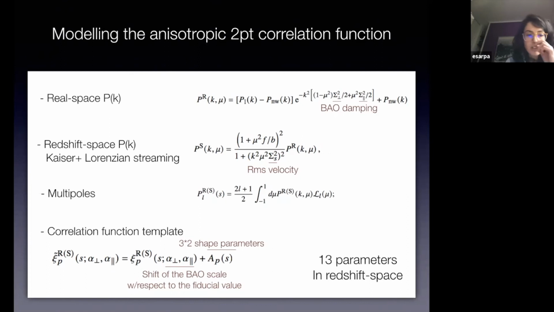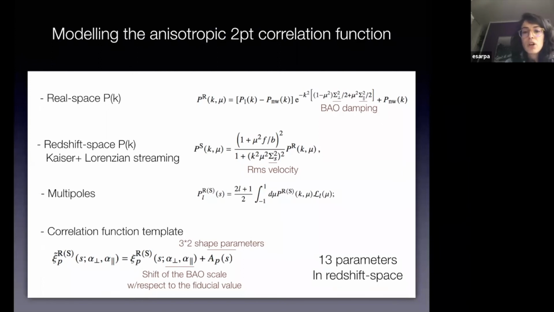Here, the Kaiser term is regulated by the f over b parameter, while the Lorentzian streaming is regulated by sigma S, which is the RMS velocity on small scales. From that, we computed the multipoles of our two-point correlation function.